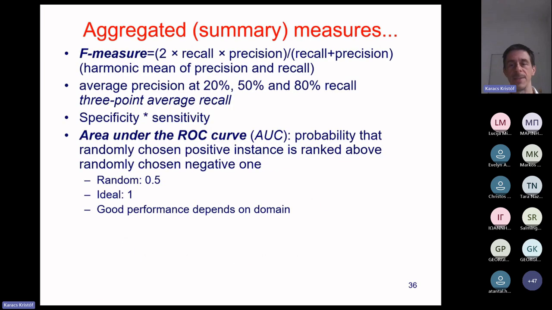So how can we aggregate a whole curve into a single number? Well, first of all, let's talk about how we can aggregate multiple basic measures. If you have a specific model which has a certain recall and a certain precision value, you can take the harmonic mean of the two, and that's a well-known, more meta level evaluation metric called F measure.